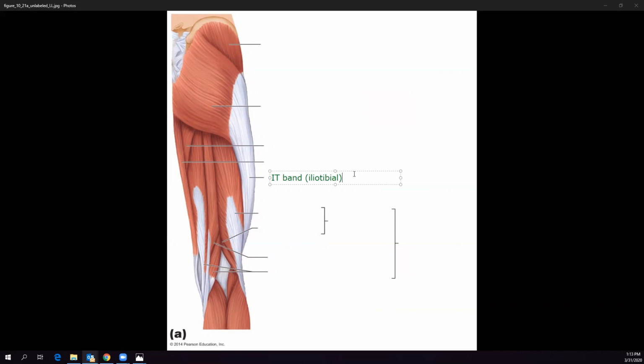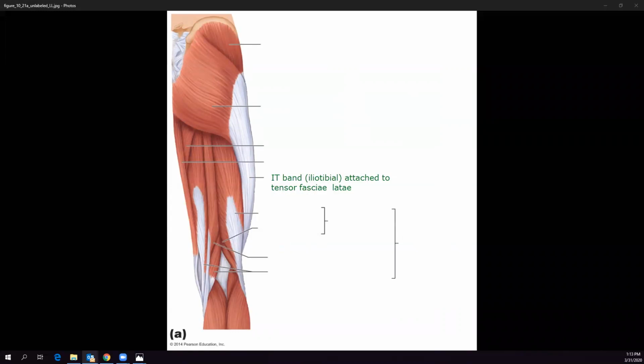I'm just going to put attached to tensor fascia latae. Okay, so anyway, there it is, but I'm probably not going to quiz you on it.